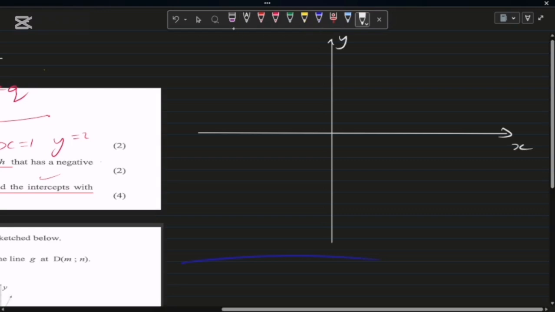And then the first thing that we have to take note of are the asymptotes. So x is equal to 1 is the asymptote. So let's put 1 there. Okay, so x is 1 here.